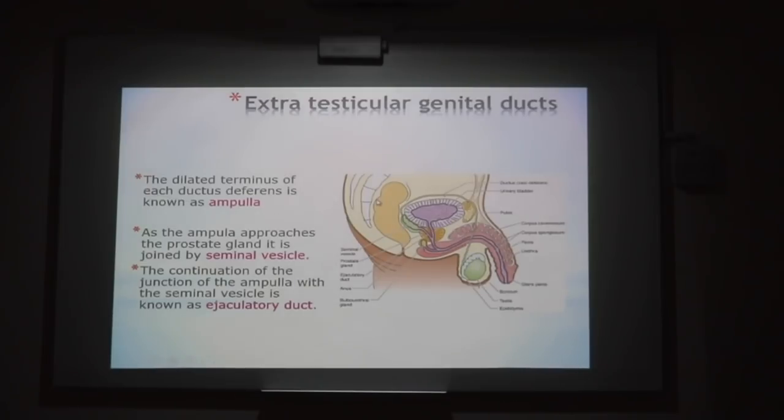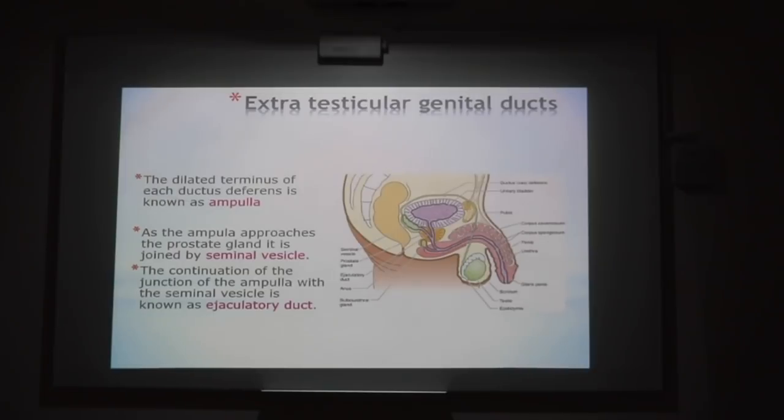Okay. So now we are going to talk about the seminal vesicles. We have to talk about the ejaculatory ducts. So the dilated terminal part of the vas deferens is called the ampulla.